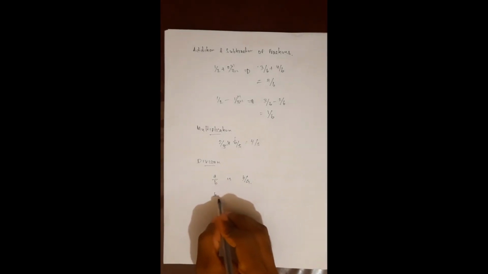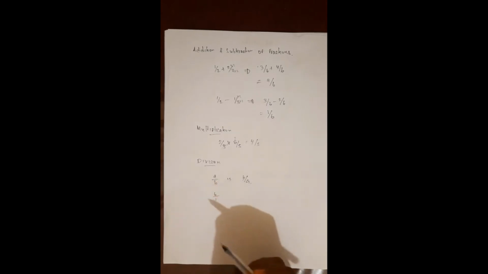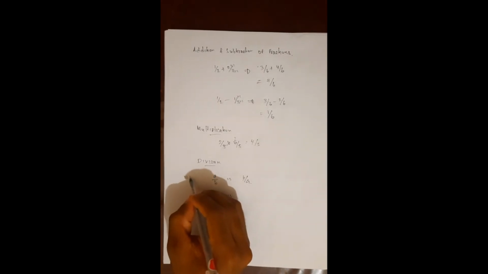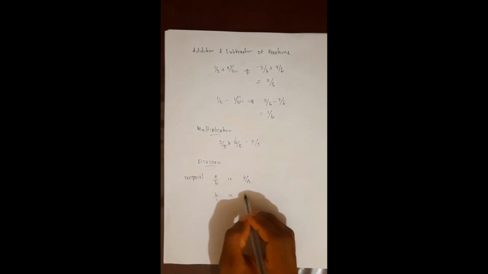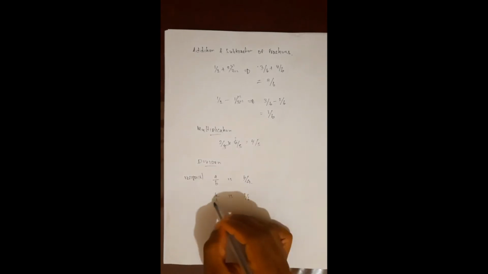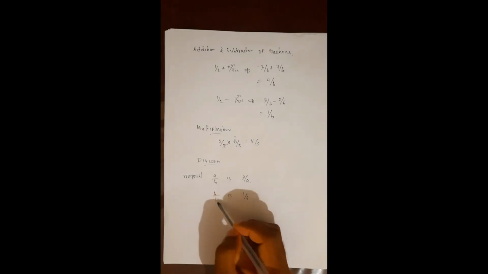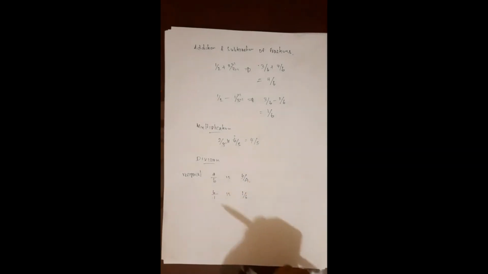What is the reciprocal of 6? 6 would be 6 over 1 because 6 divided by 1 is 6. So we interchange them. In this case 6 is A and 1 is B. The reciprocal would be 1 over 6. So we have interchanged it.